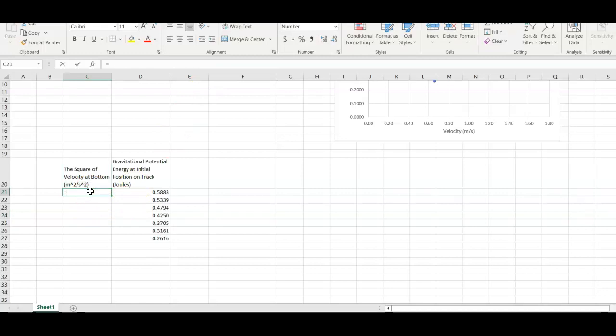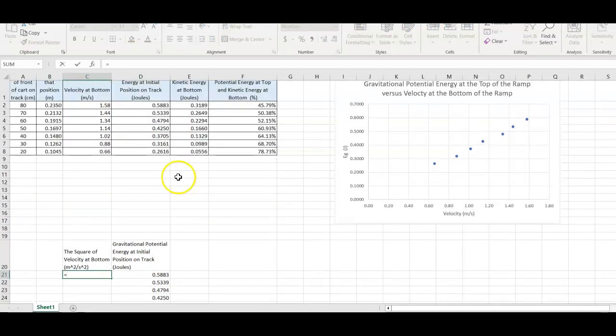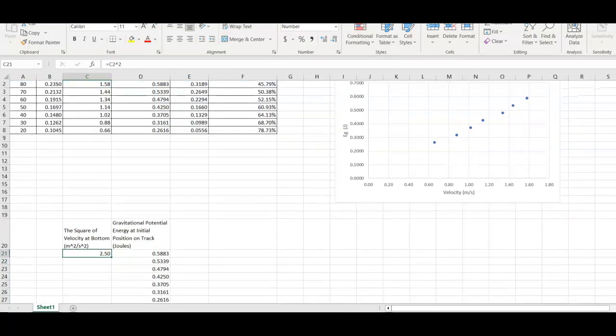So you start with an equal sign, and then go up above and click in the cell that has the first value of the velocity. Come into the formula bar, do a Shift 6 to get the caret, and type a 2, because we are raising that velocity to the power of 2. You can hit enter. So 1.58 squared is 2.5.